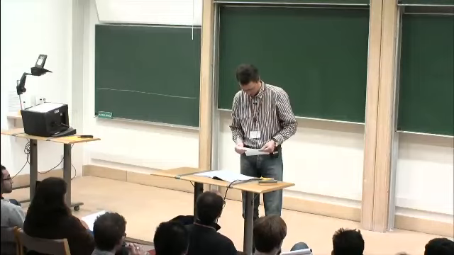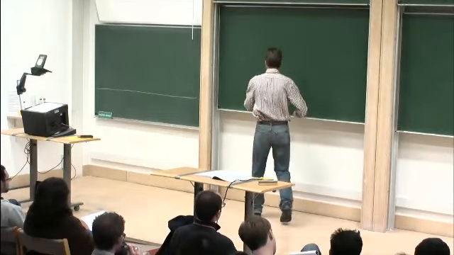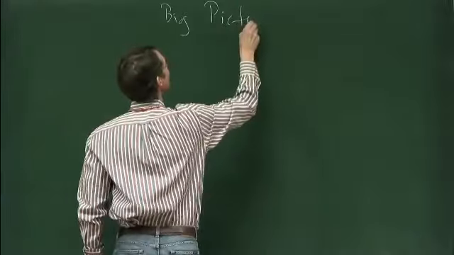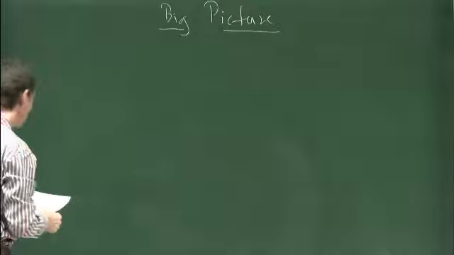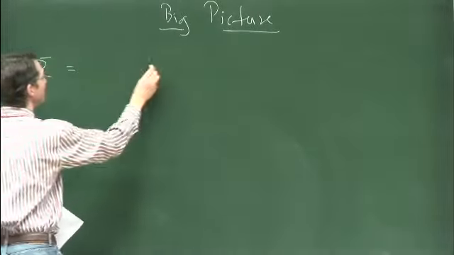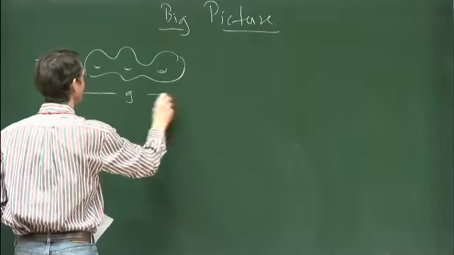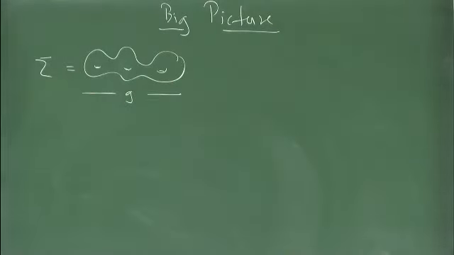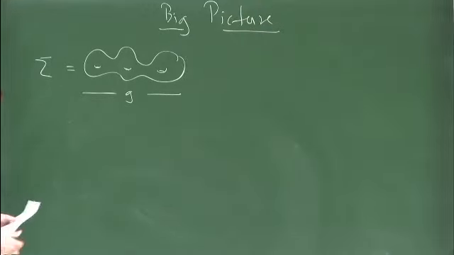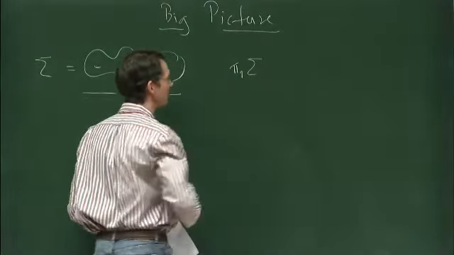Anyway, before getting going, I'll try to paint a reasonably sized big picture of what I'm going to do. Here's our surface, genus g. It's a closed, oriented surface, and the surface group is just the fundamental group of such a surface.